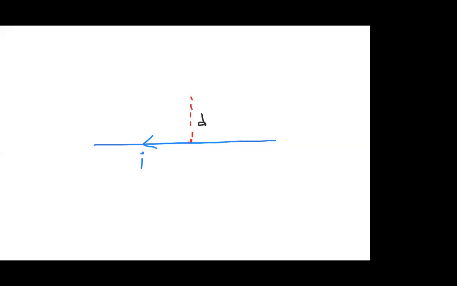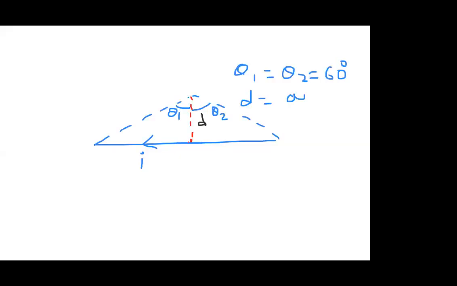The angles subtended from here are theta 1 and theta 2, which we noted are equal, theta 1 equal to theta 2 equal to 60 degrees, and d is equal to a by 2 root 3.